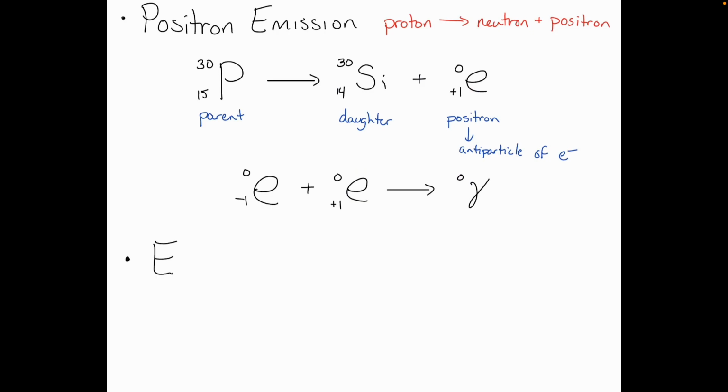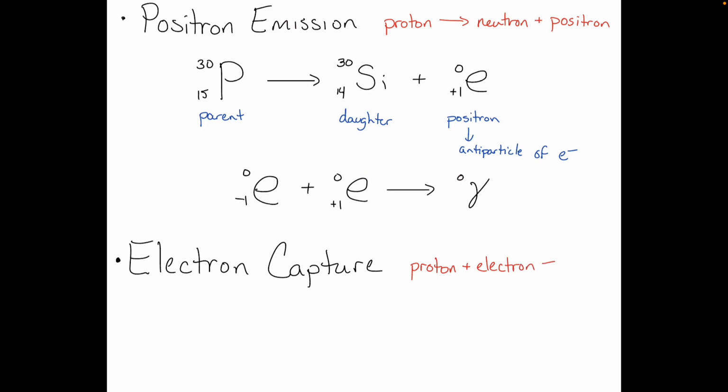And then the last one is not quite as cool sounding. This is what's called electron capture. Electron capture is when you have a proton combining with an electron to produce a neutron.